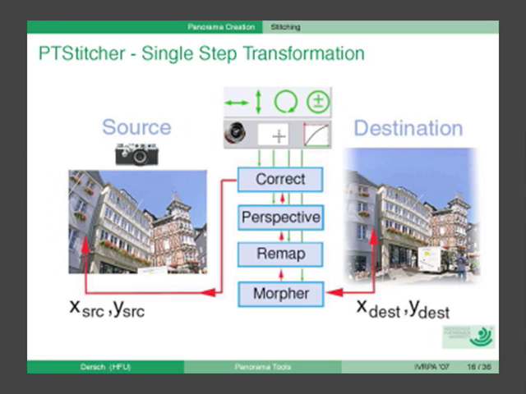The correction step requires the knowledge of the center of the lens and the distortion correction curve. The perspective tool needs pan, tilt, rotation, and so on. The remap tool needs, of course, to know what kind of mapping is required, and the morpher step needs a set of points in the image which are used to triangulate it into meshes, which are then used for the morphing step.